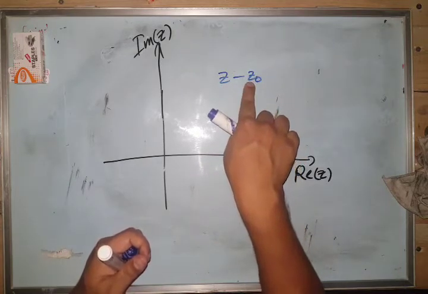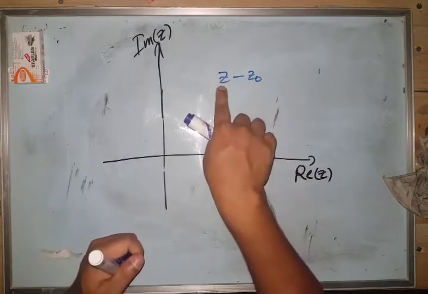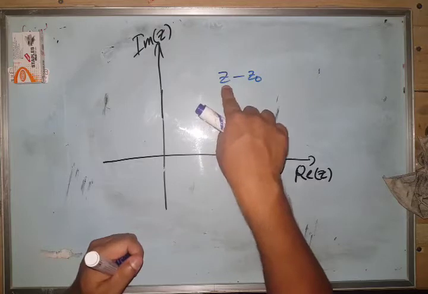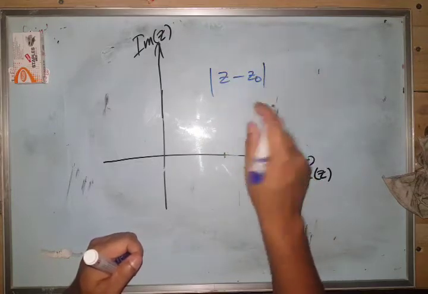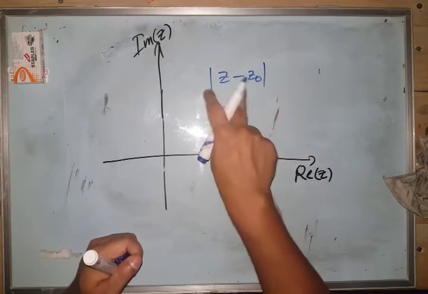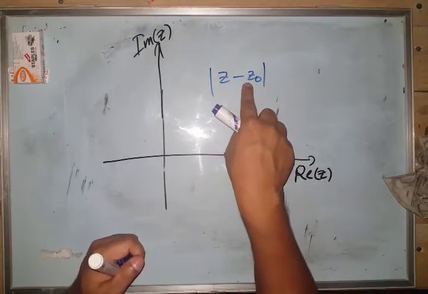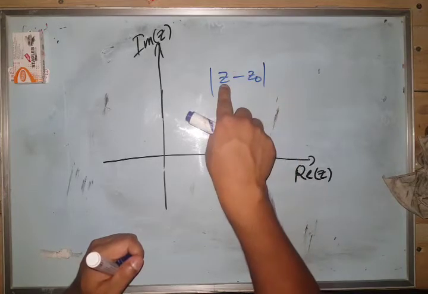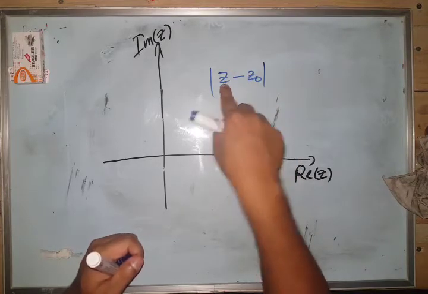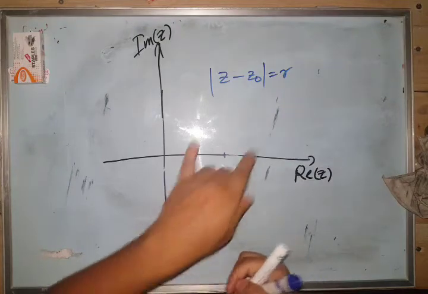So z naught is a fixed point, it is usually given, and z is a variable complex number, whose modulus of the difference between these two complex numbers is constant, right?